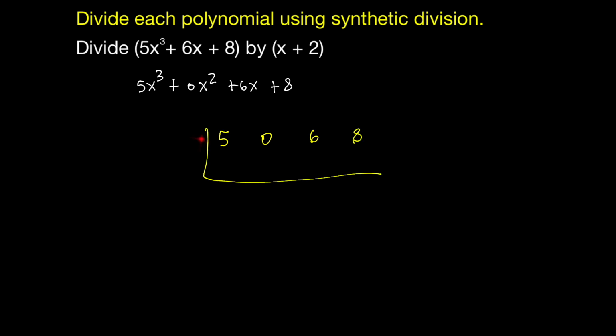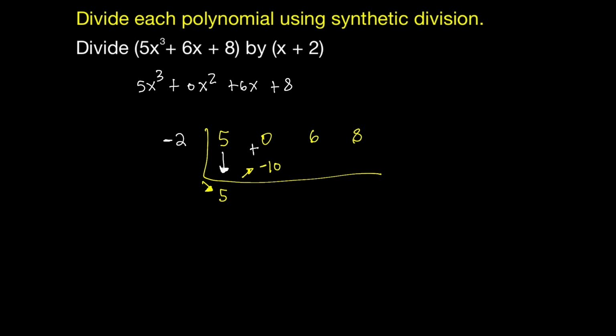Now, on the outside, I'm going to record the opposite of this value, so I'm going to get a negative 2. And now I begin with my process. I am going to drop down the first term, which is positive 5. And I am going to multiply it with the value that's outside of my little skeleton. So negative 2 times 5, we're going to get a negative 10.